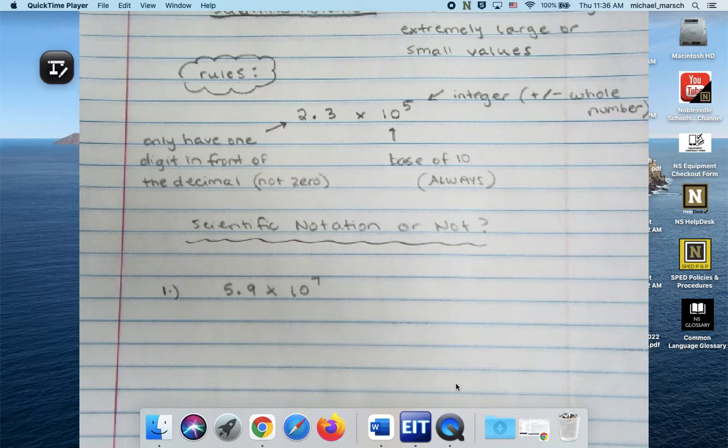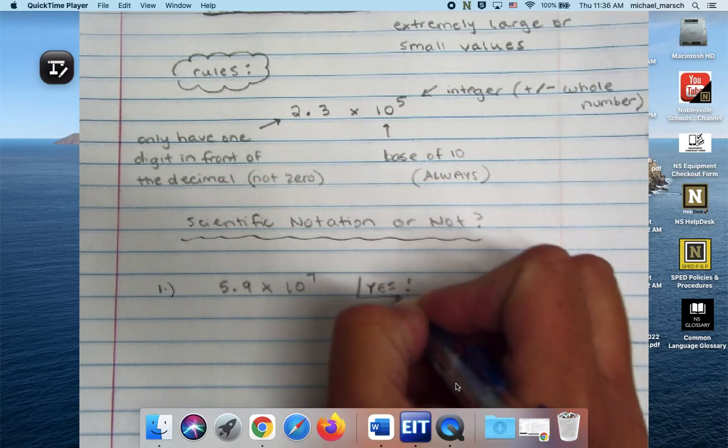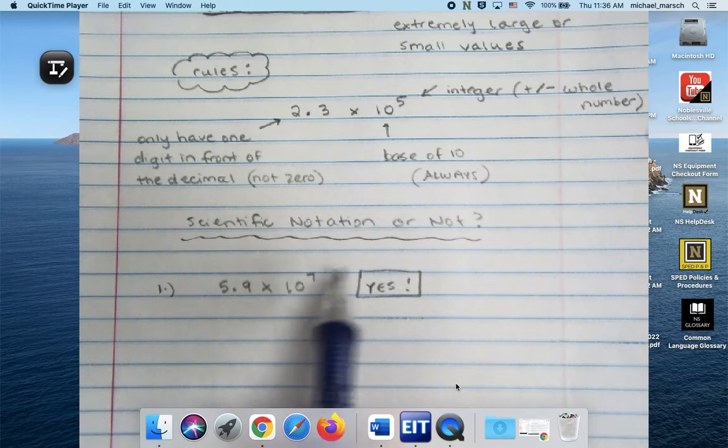So is 5.7 times 10 to the 7th in scientific notation? Yes or no? Yes. It sure is. It fits all the rules. We have a single digit in front of the decimal. We have a base of 10, and our exponent is an integer.